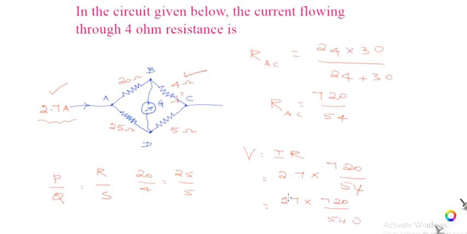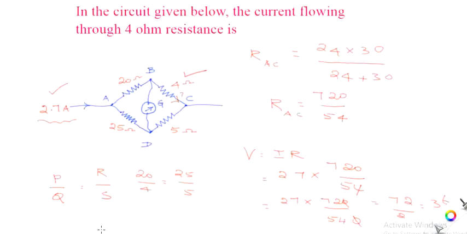Here I have multiplied by 10, here I have multiplied by 10. Now you can cancel this 0 and this 0. Now this is 27, this is 54. That means here you will get 2. Therefore, your answer will be 72 divided by 2, which is equal to 36. That means voltage equals 36 volt.